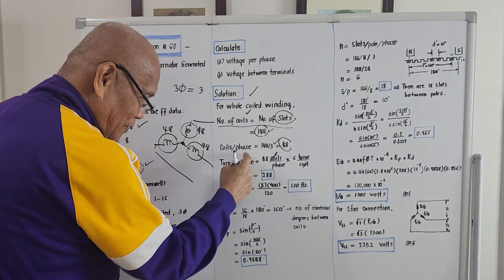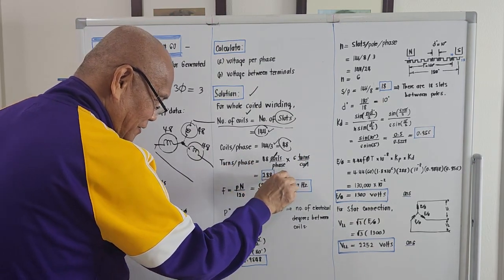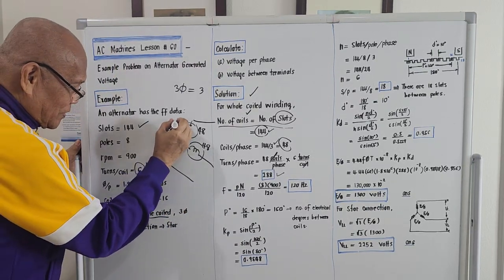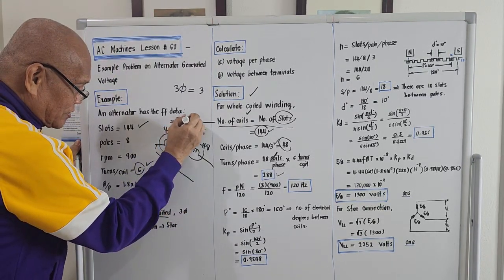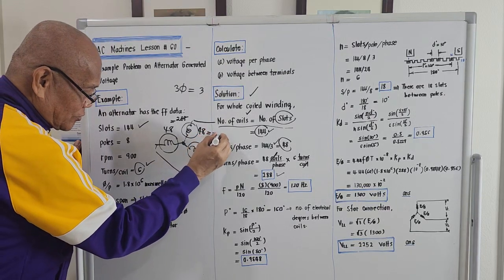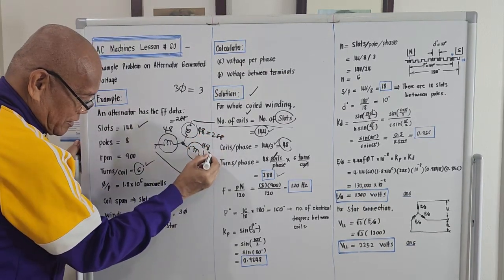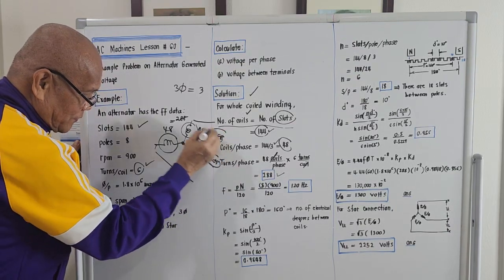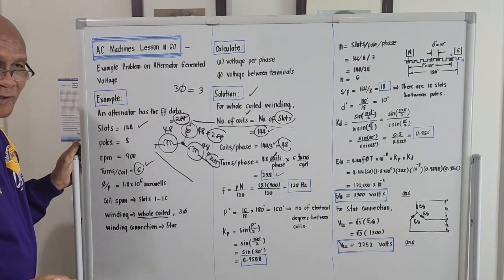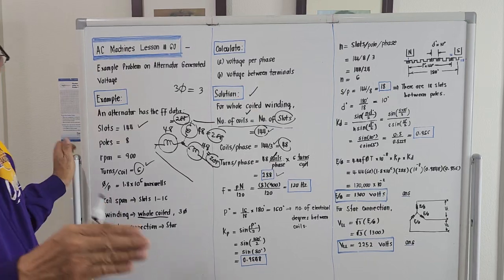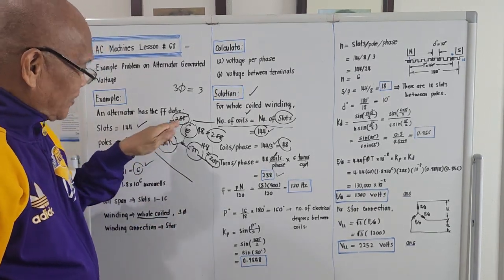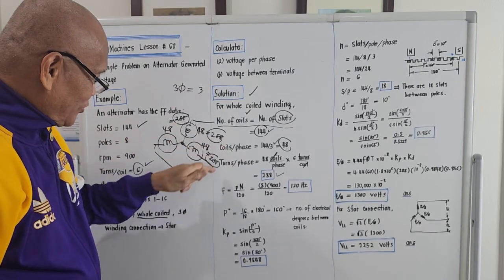So turns per phase now will be 288. In here, there should be 288 turns. In here, there should be 288 turns. And in here, there should be 288 turns. It's balanced. Coils is smaller than turns. So if this is 48, there should be 288, 288, 288.